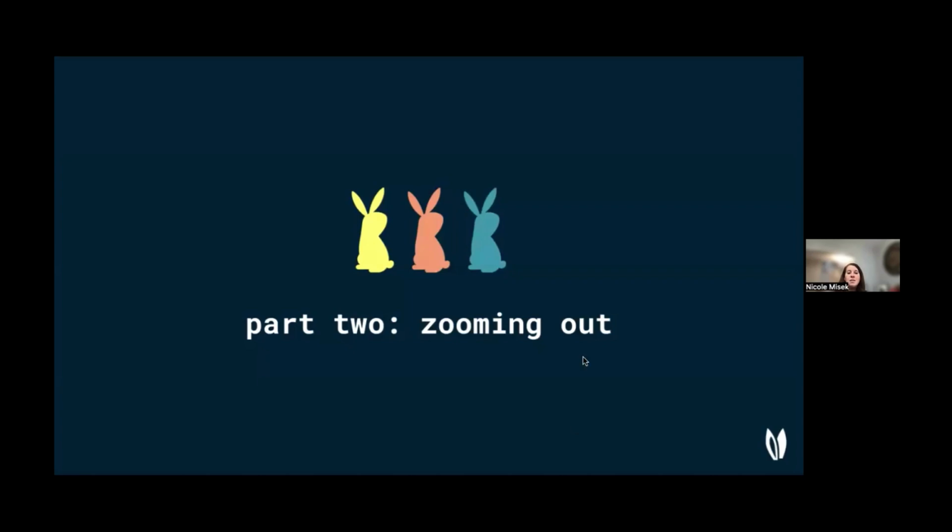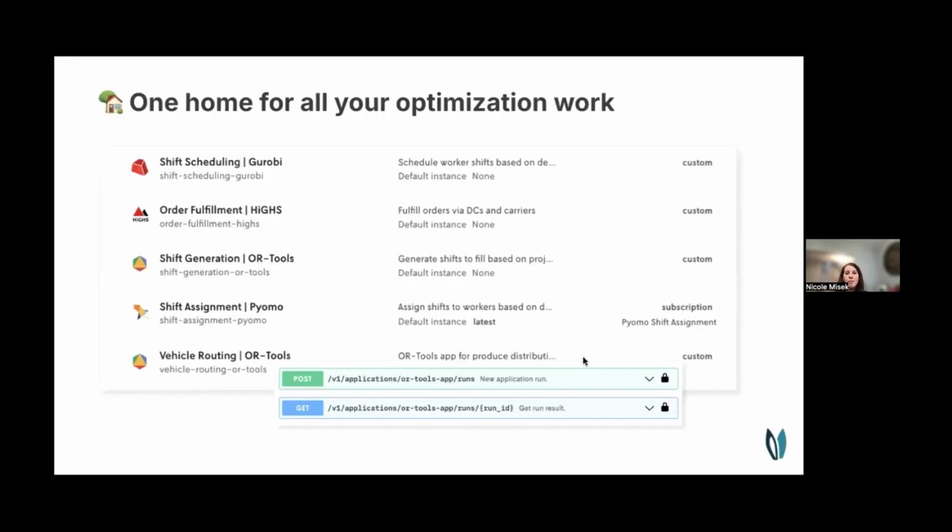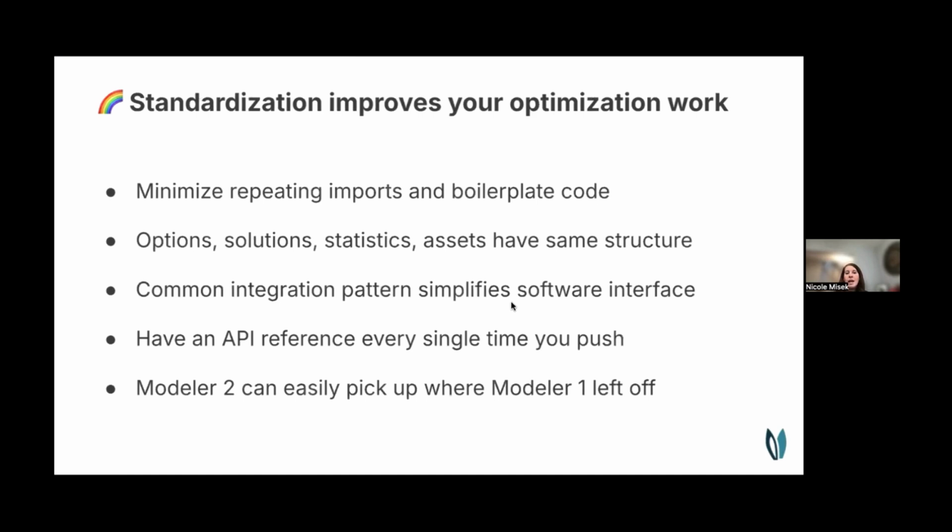So now let's take a zoom out view here. Nextmv is one home for all your optimization work. You can manage all of your different decision models with different underlying technologies, all with that same common API layer. Having that common API layer and standardization really can help improve your optimization work.